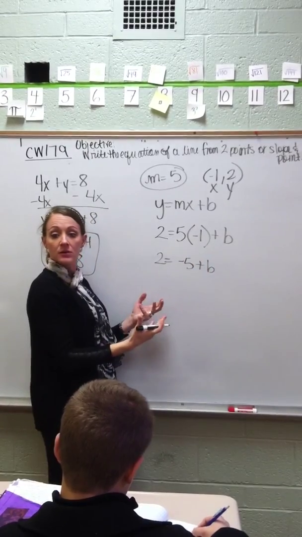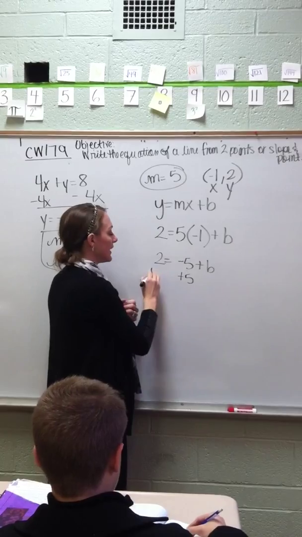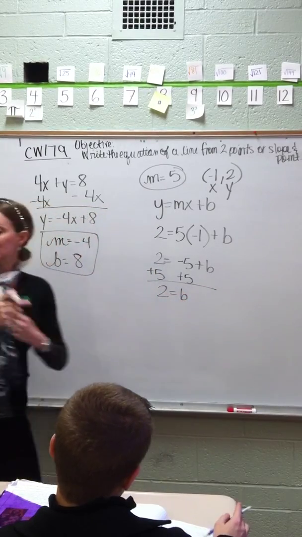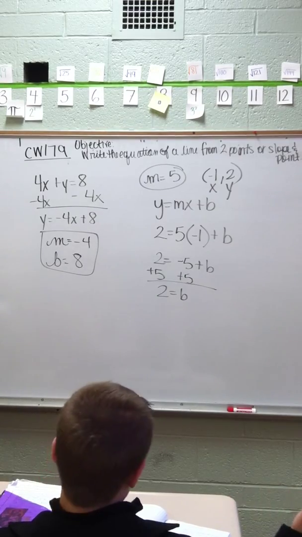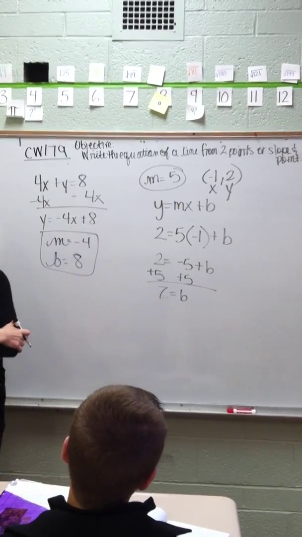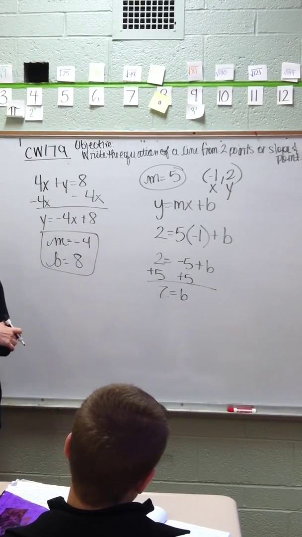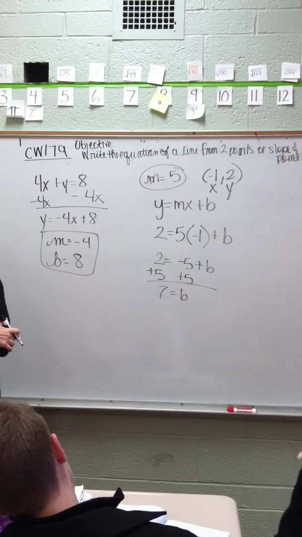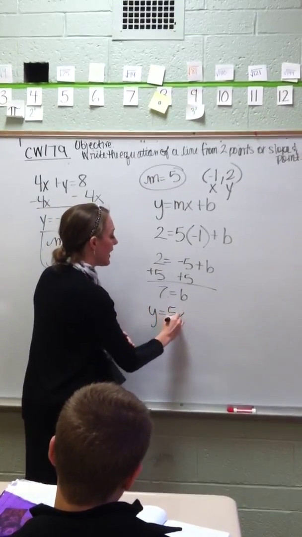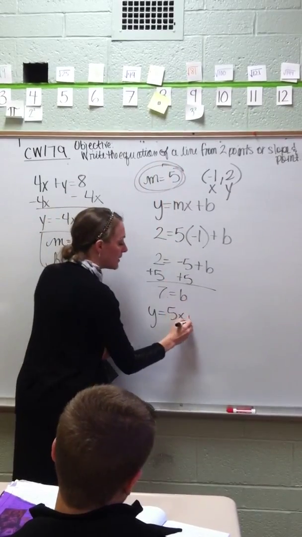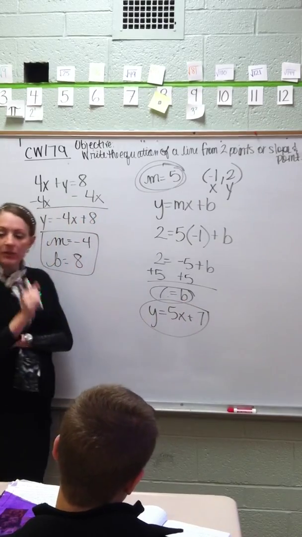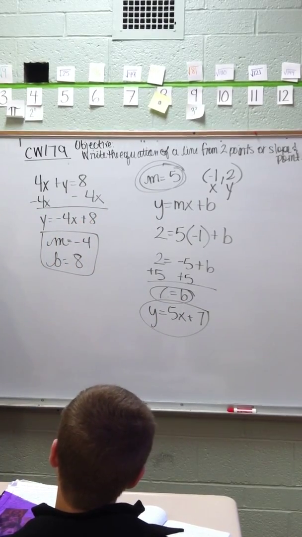What do I do? Add 5 to both sides. And I get 7 is equal to b. Oh, I'm so sorry. Who can tell me the equation of this line? Steve? y equals 5x plus b, which is 7. That's the equation of my line.